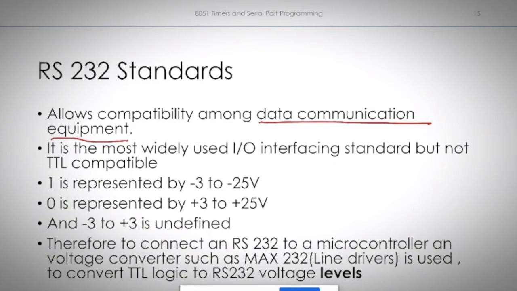That is called the TTL logic or the CMOS logic that we normally use in IC terminology. However, in data communication, we do not have that kind of direct compatibility when it comes to the RS232 standard. That is because most serial data communication protocols were derived much before the emergence of TTL logic.